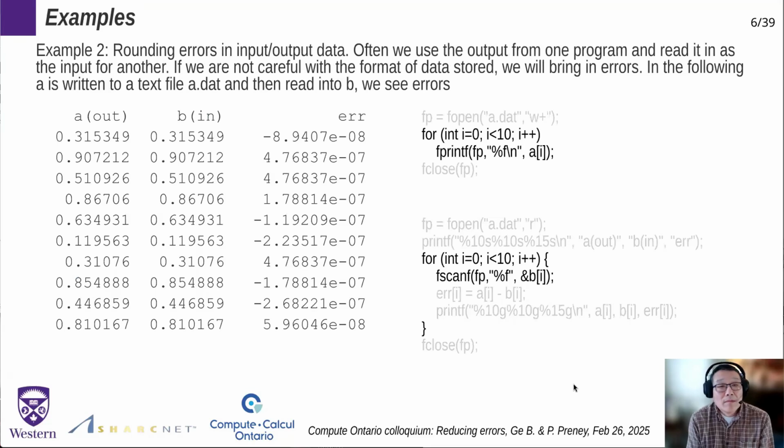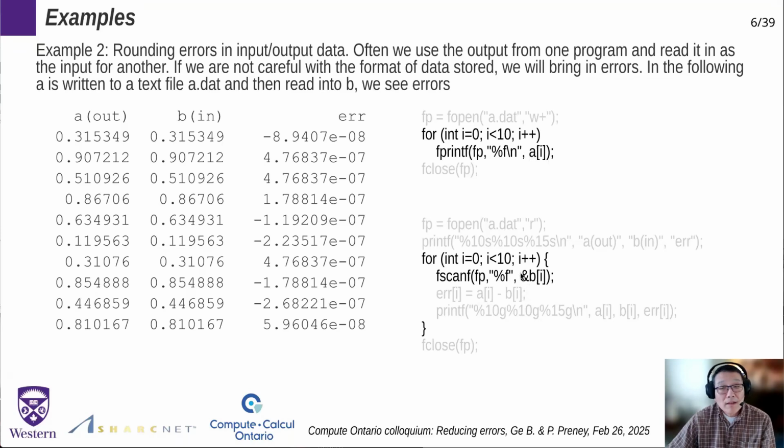Next example, rounding errors in input and output data. Often we use the output from one program and read it in as the input for another. If we're not careful enough with the format of the data stored, we will bring in errors. So here's an example. We generate array A in single precision, 10 numbers, and then we write it out to a text file.